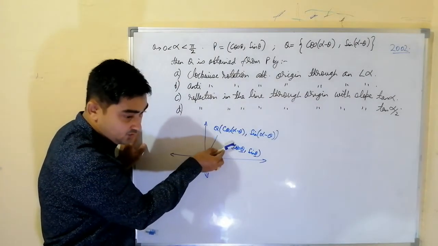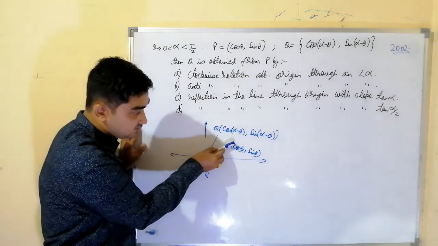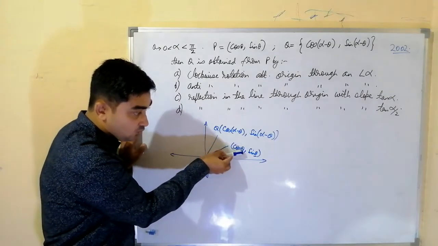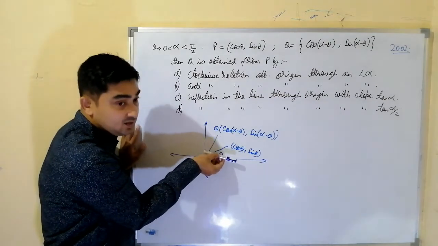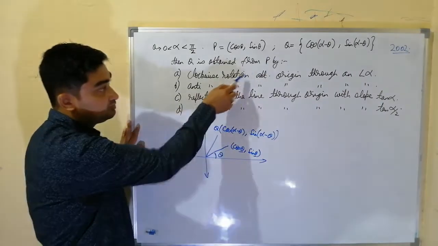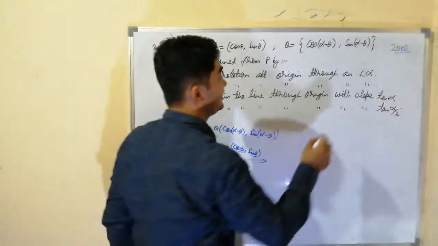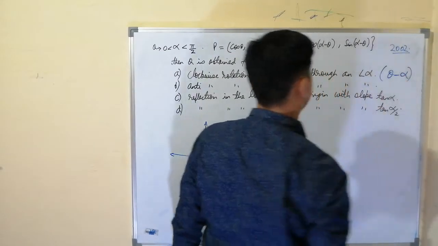Modulus will not change, we are only rotating. Modulus is okay. But what will be the new argument? Old argument is theta, and whenever we are moving clockwise, the angle is subtracted. So new argument will become theta minus alpha.